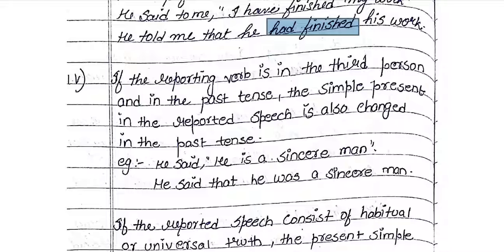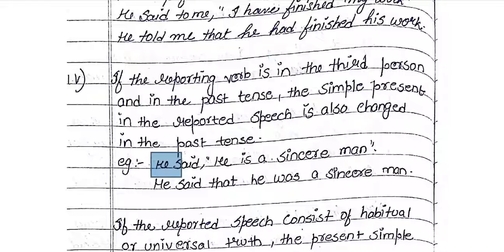So he said, he here is the third person. Okay, so third person and past tense combination, then the simple present in the reported speech.